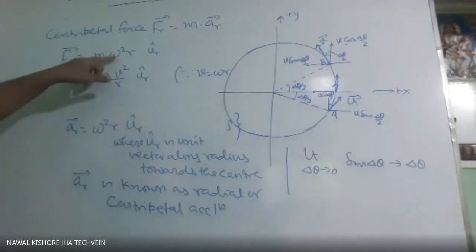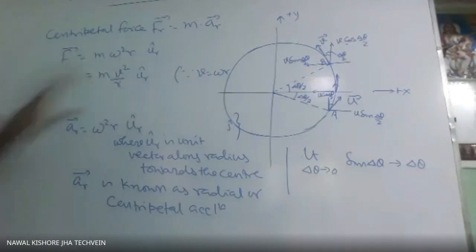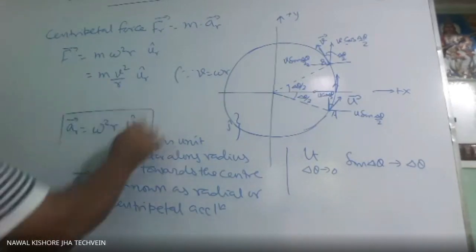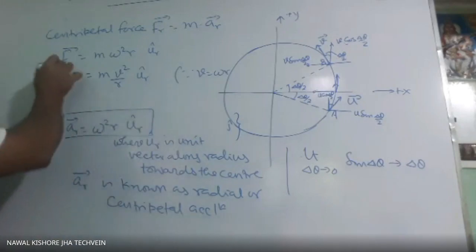So in place of omega, we can write v over R; omega square means v square over R square, and one R will be cancelled. So this is our centripetal acceleration, and this is centripetal force.